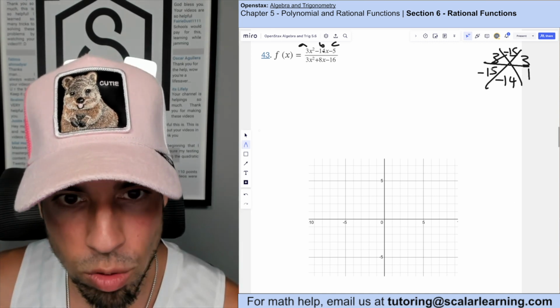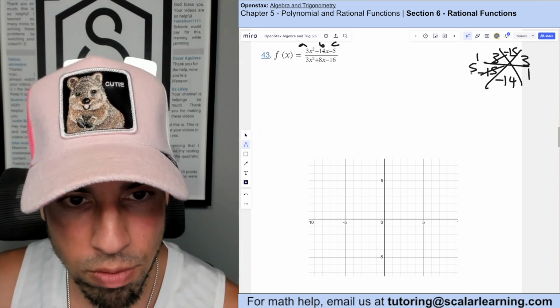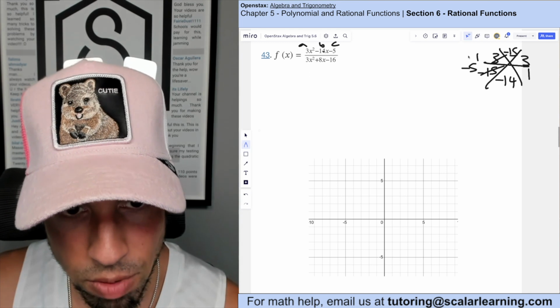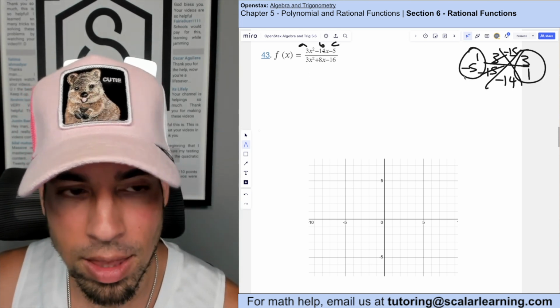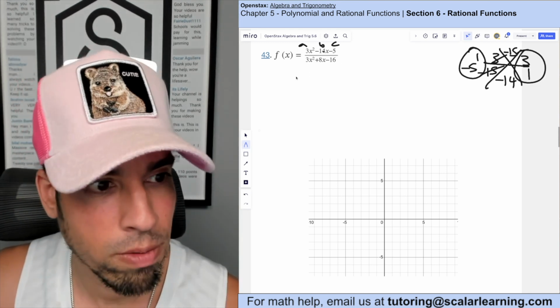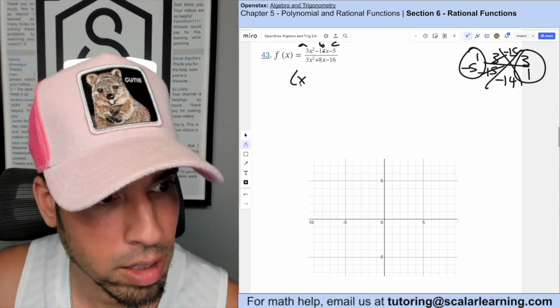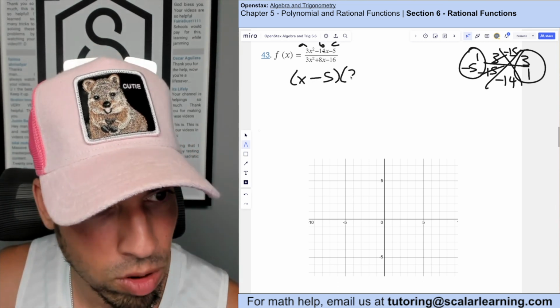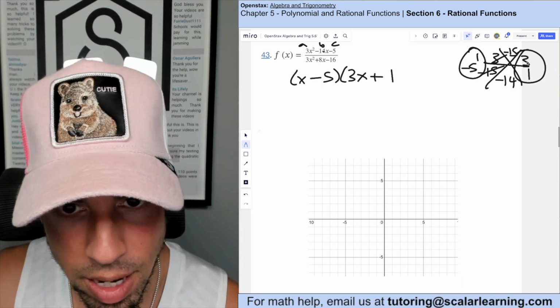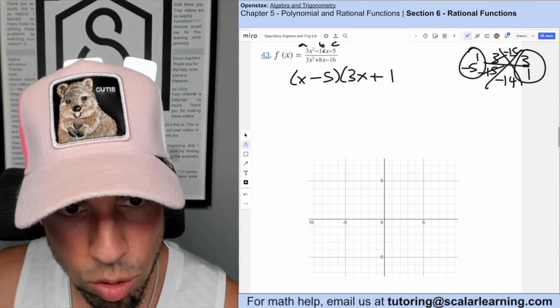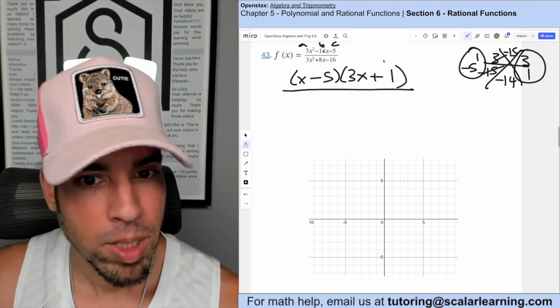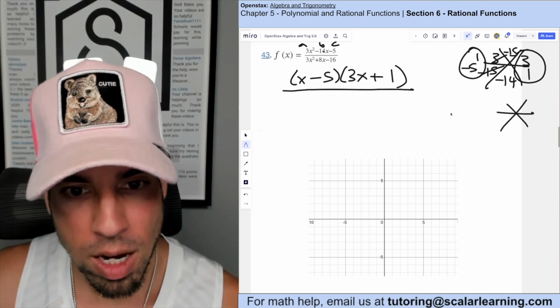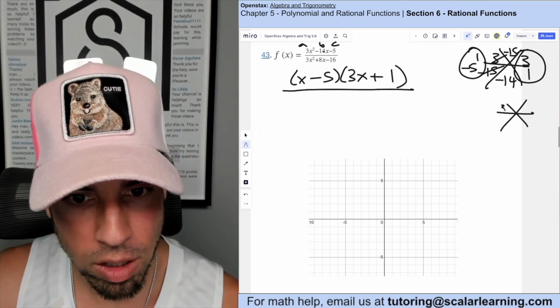And then I can reduce this one to be 1 over 5, right? Divide top and bottom by 3, just like a fraction. So now we've got that and that. So that means the numerator factors to 1x minus 5 times 3x plus 1, right? That goes with the x, that goes with the constant, that goes with the x, that goes with the constant. For the denominator, we're going to run the star method one more time. Again, we've got A is 3, that goes here and here.